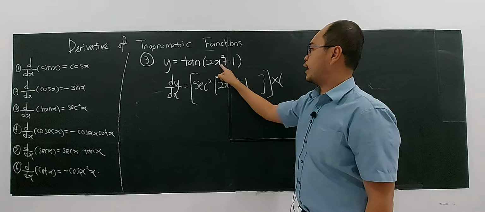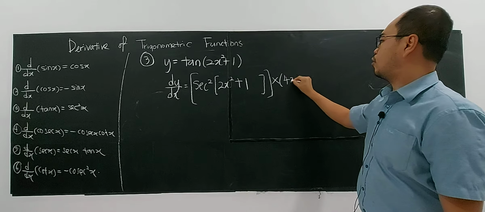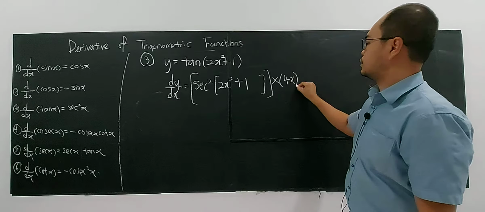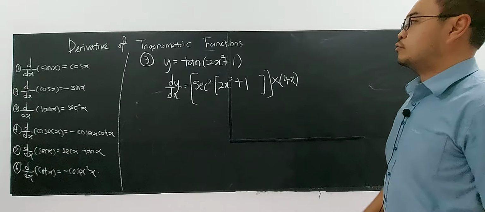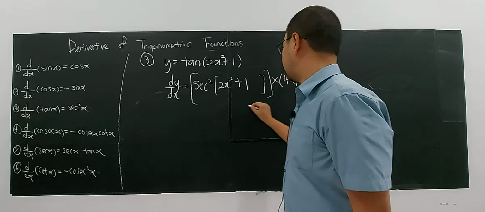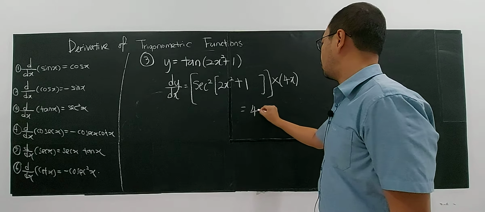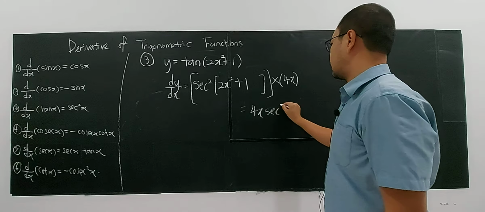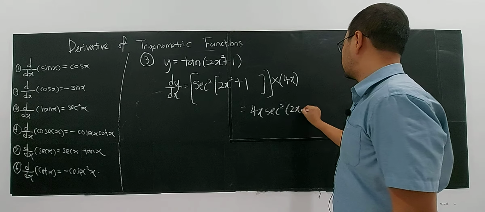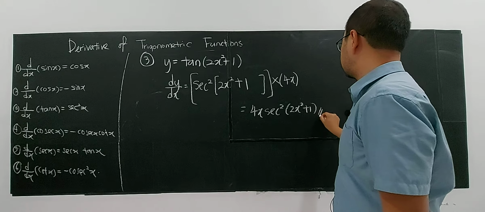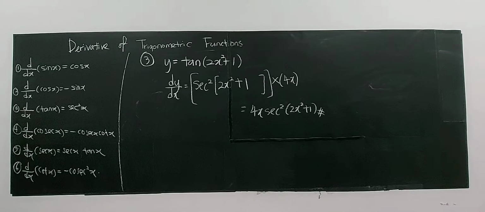Differentiate 2x squared, you have 4x. Differentiate 1, you get 0. So finally, your solution will be 4x secant squared 2x squared plus 1. This is the differentiated form of this function.